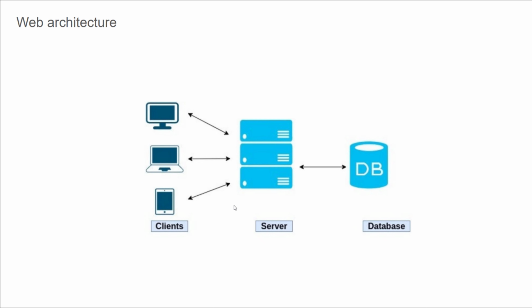It contains your business logic, handles data processing, and communicates with the database to provide the necessary information back to the client. We'll focus heavily on this part in this series, where we will use Java to build and manage the server side of web applications.